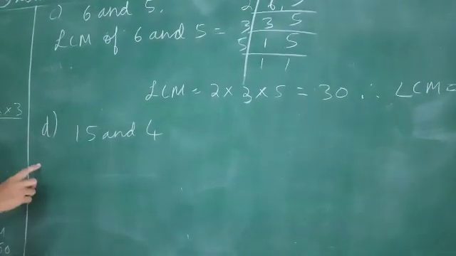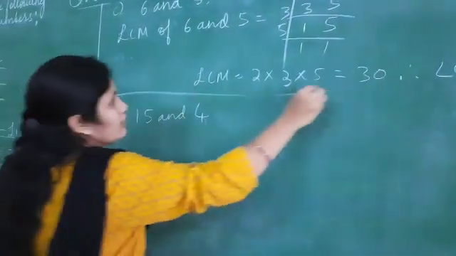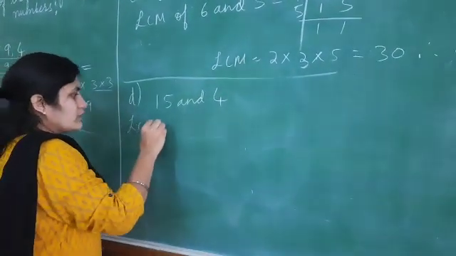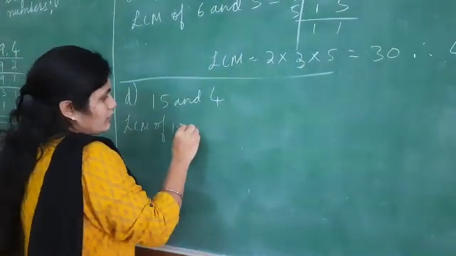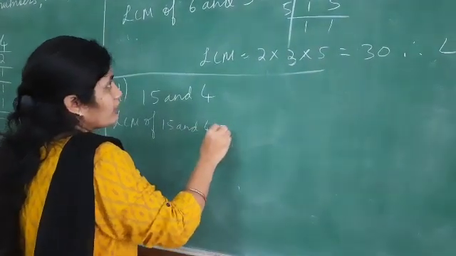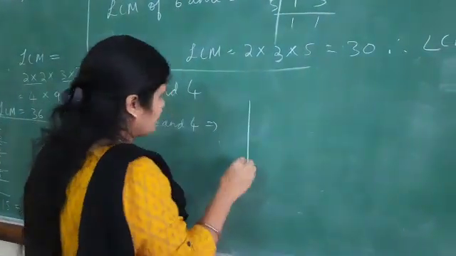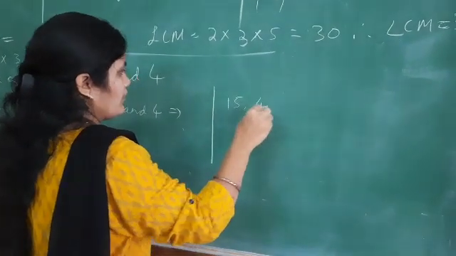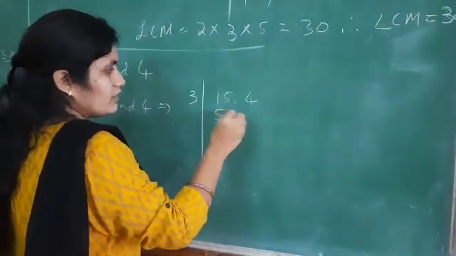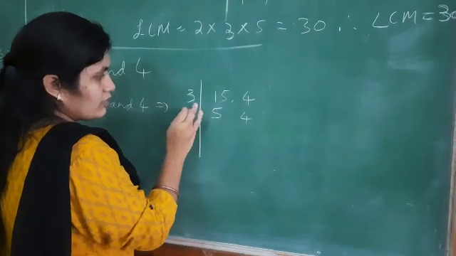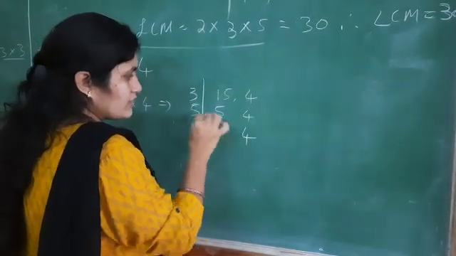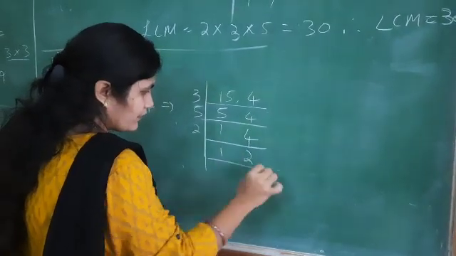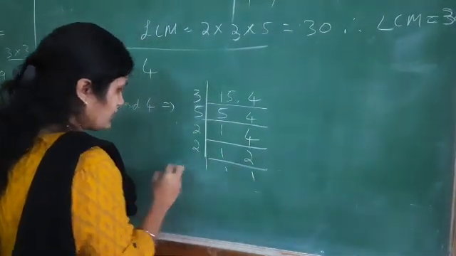Now next one, D1, LCM of 15 and 4. Three 5s are 4 as it is, 5 1s are 4 as it is, 2 2s are 2 1s.